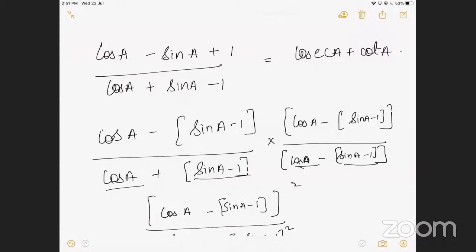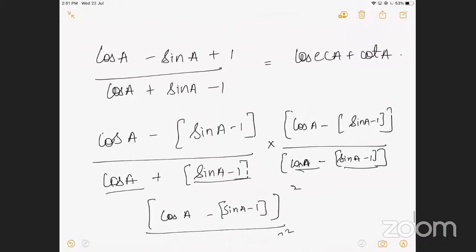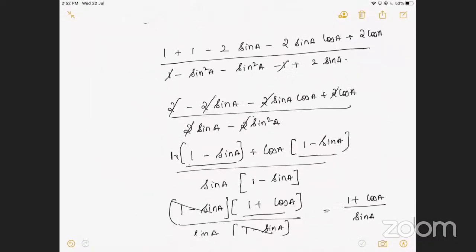Then I took cot A as common. Out of the bracket and in the bracket I took cosec square A minus cot square A plus cosec A upon cot A plus cosec square A minus cot square A plus cosec A. You're saying the question is cos A minus sin A plus 1 divided by cos A plus sin A minus 1, right?